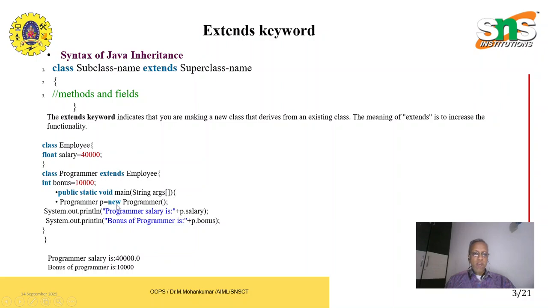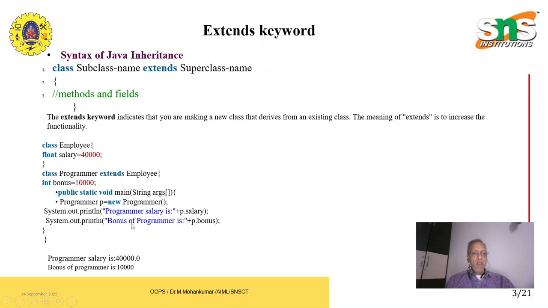Curly braces open. Then for this programmer, what I am going to do here is create a P object equal to new Programmer. Then System.out.println, programmer salary is p.salary.